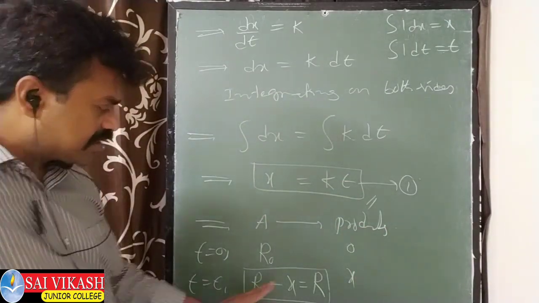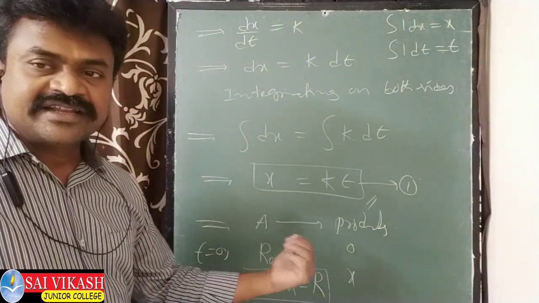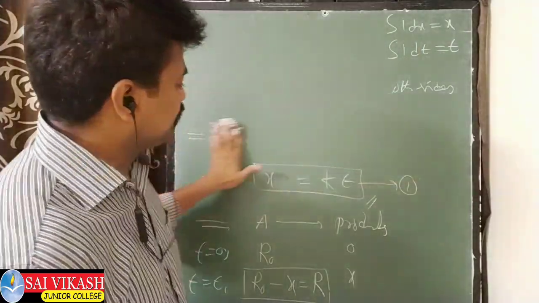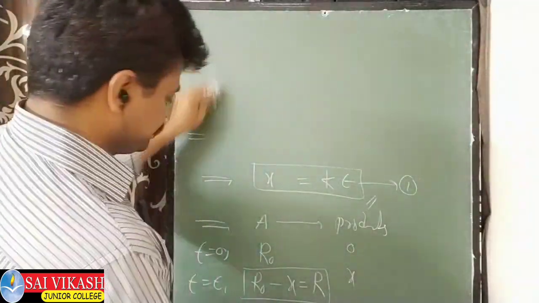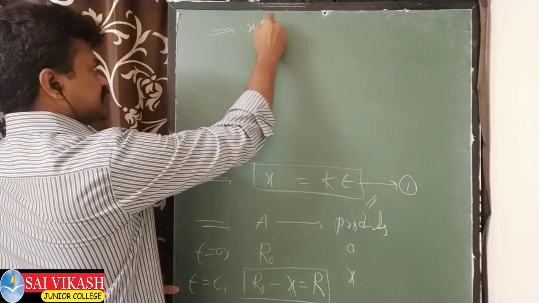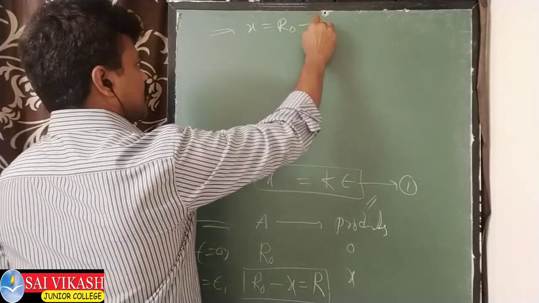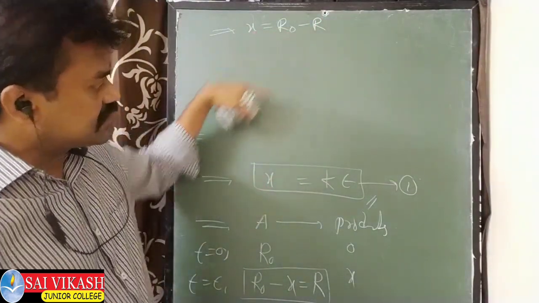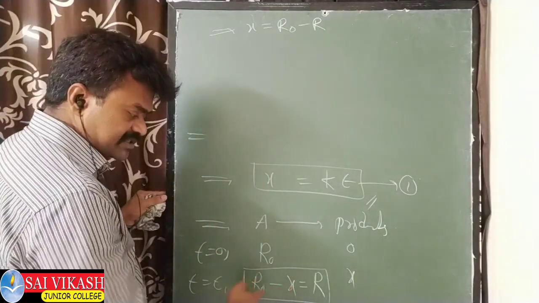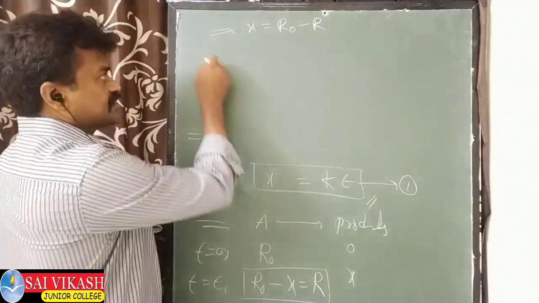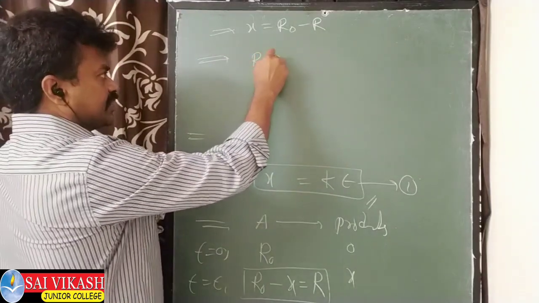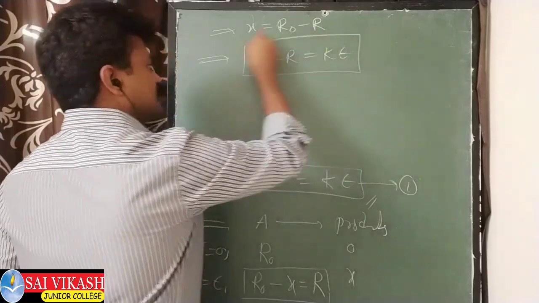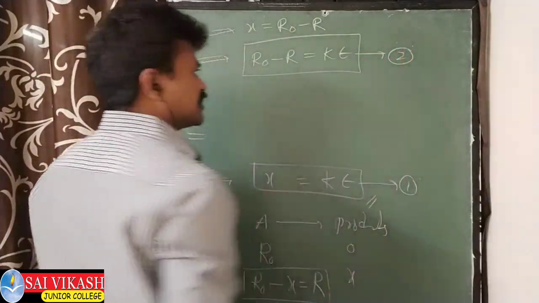So R naught minus x is equal to R. Then x is R naught minus R. Substitute this in place of x in equation 1. So we get R naught minus R is equal to kt. This is also an integrated rate equation for zero order.